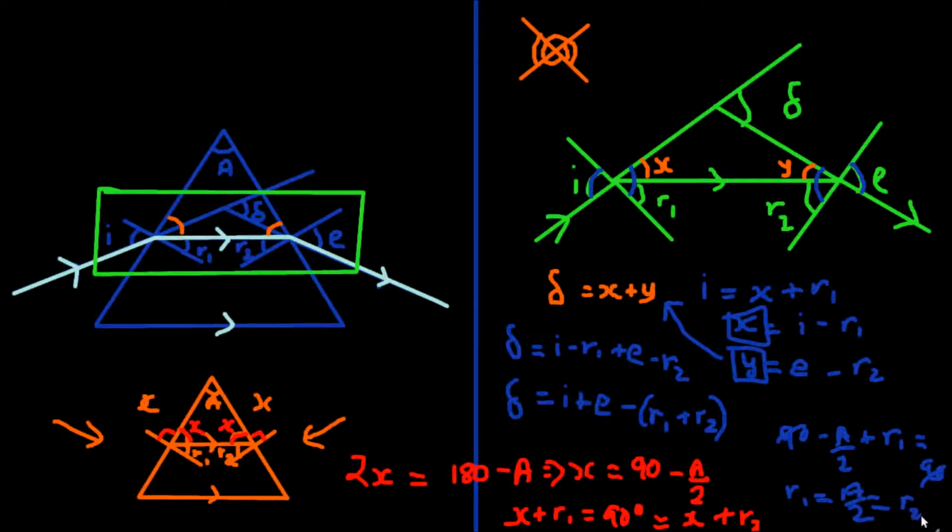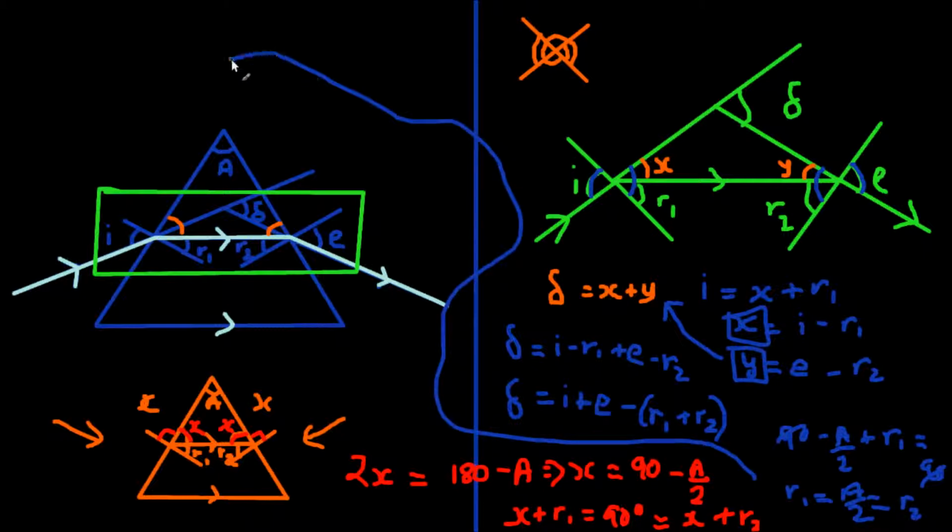And from this I'm going to continue this all the way up here. If you add r1 and r2, what you're doing is 2 into r1 basically, which is equal to A. You're doing A by 2 plus A by 2 and you get A. So r1 plus r2 is equal to A. Now look back at this formula we had over here.